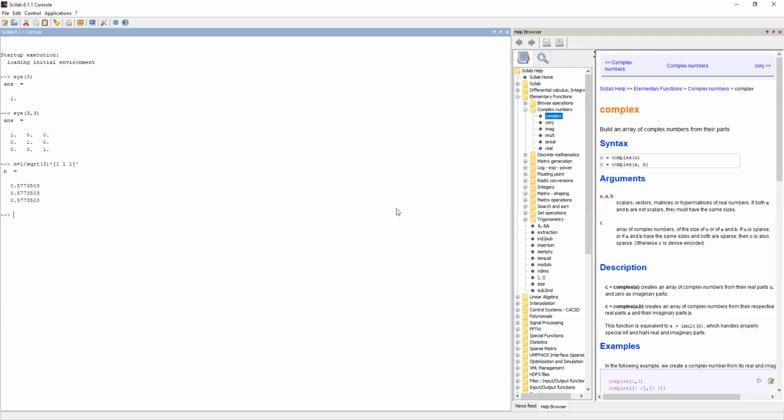Now we can proceed with the formula. Let me double check if the angle by default is in radians. Percent pi. Sine of percent pi over 6. Let's see if it's in radians or degrees. Yeah, that's fine.